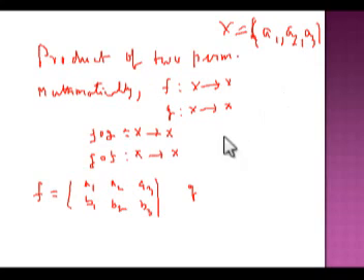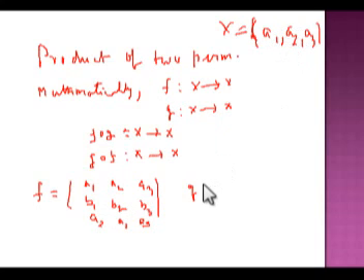So B1 can be A2, B2 can be A1, B3 can be A3. B1 and B2 cannot take the same element, they will be different. So you can understand that B1, B2, B3 are nothing but a rearrangement of the elements A1, A2, A3.